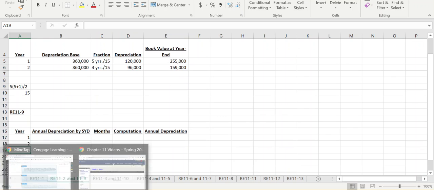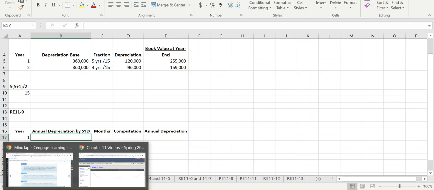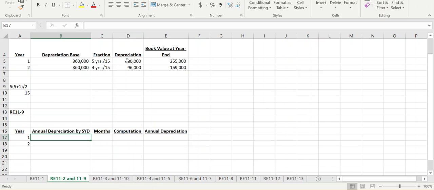So if we think about our annual depreciation for year 1 under the sum of the year's digits, if we were doing this for a full year, we would have had $120,000 in depreciation expense, but we haven't owned that asset for the entire year. So that means we had it for all of September, October, November, and December.